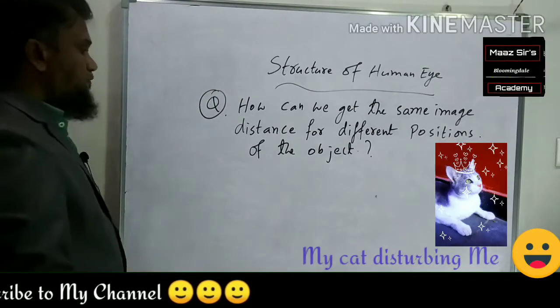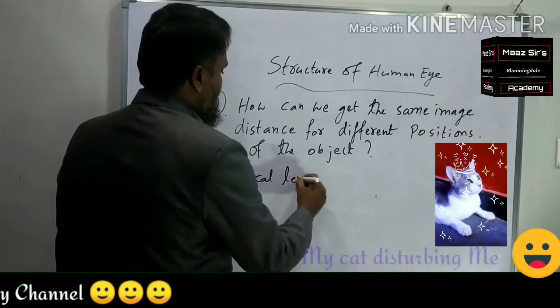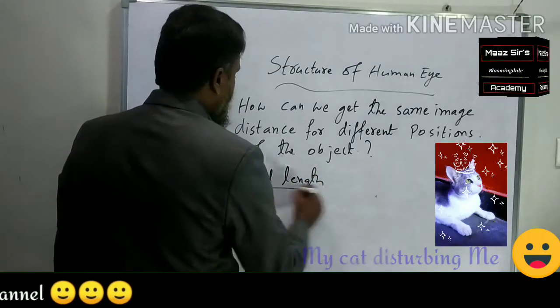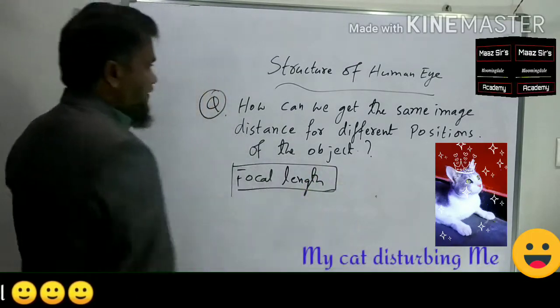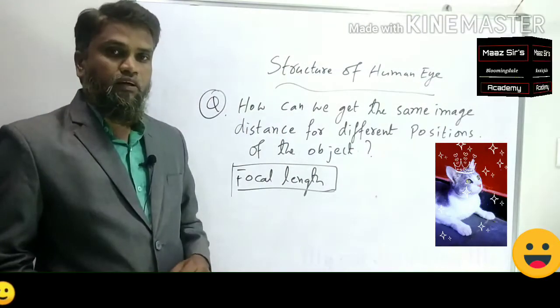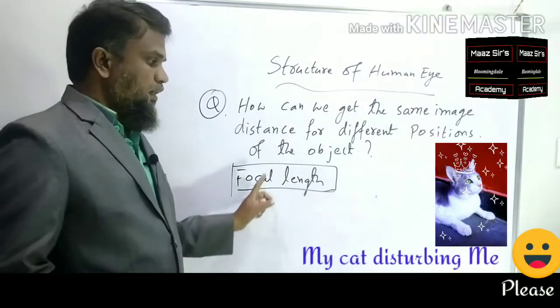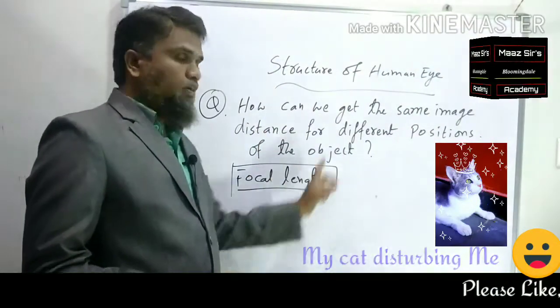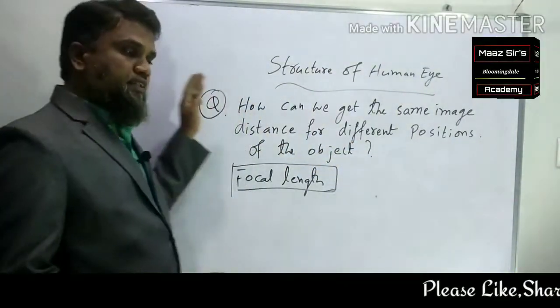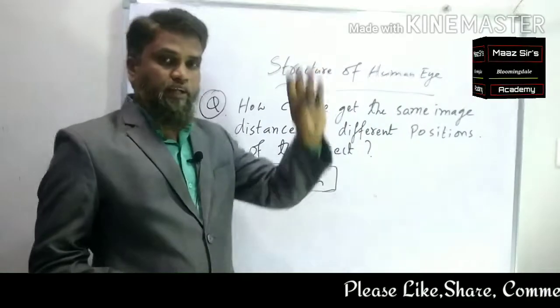Because of the focal length. If you are able to change the focal length of the lens, you will get the image on the retina, whether the distance is 50 centimeter, 30 centimeter, 1 meter or anywhere.